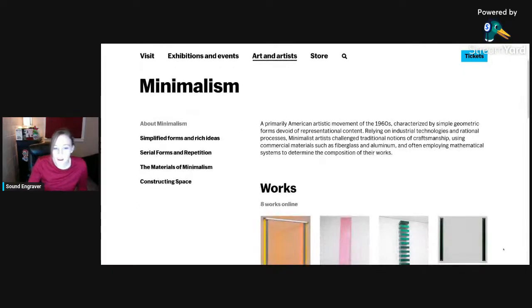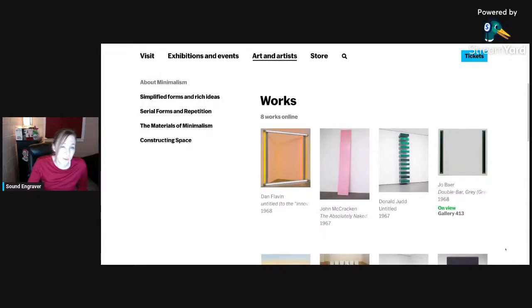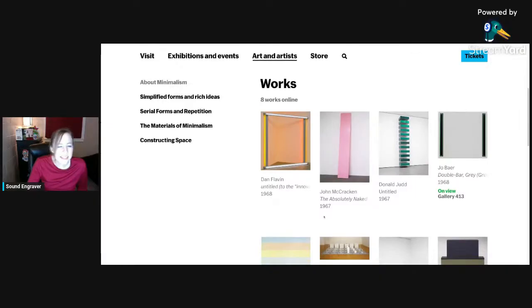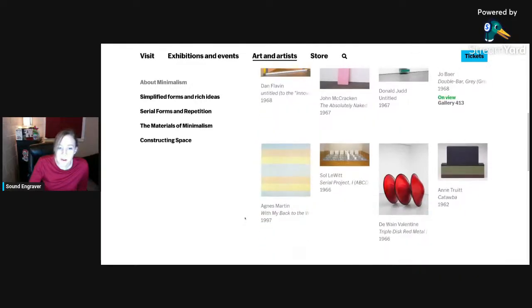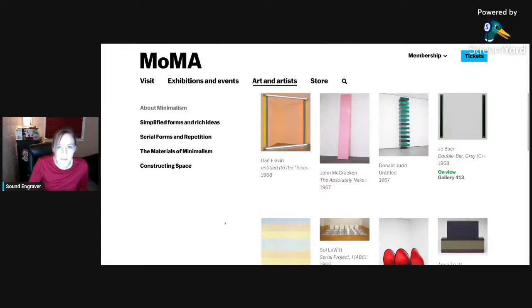If you want to see, here are some works of artists that I do want to go over. Dan Flavin, I think that's how you pronounce his last name, John McCracken, which is a great name, Donald Judd, Robert Morris, Sol LeWitt, who is kind of a crossover from conceptual art, Anne Truitt, Dan Valentine, Agnes Martin.